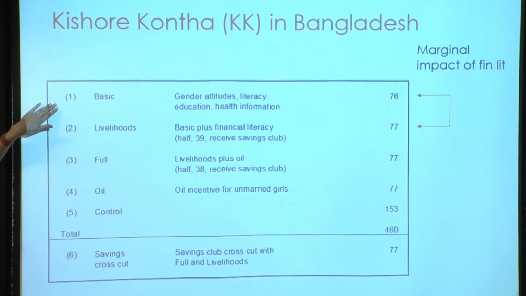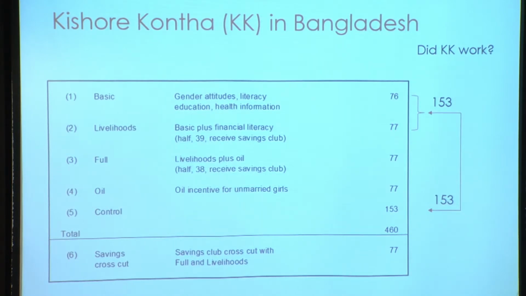I'm comparing 76 to 77 groups. So once you start doing these multiple treatment groups, you've got to do the power calculation for all these different hypotheses. Now, some of them are going to be the same. Every time I compare 76 to 77, it's going to be the same. But they are going to be different.